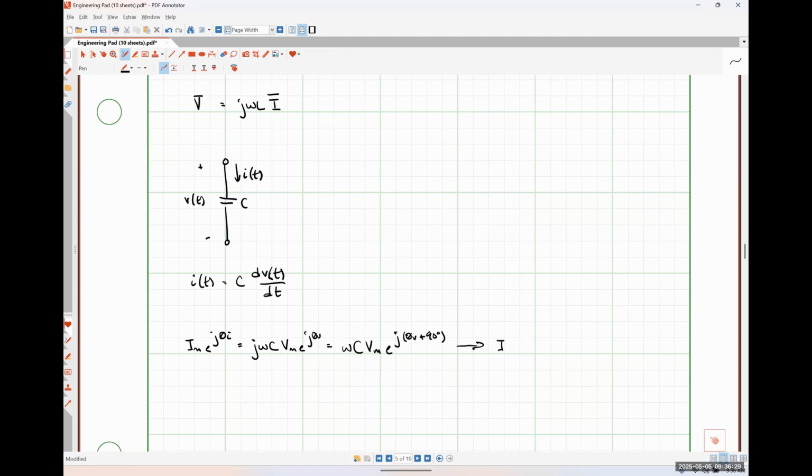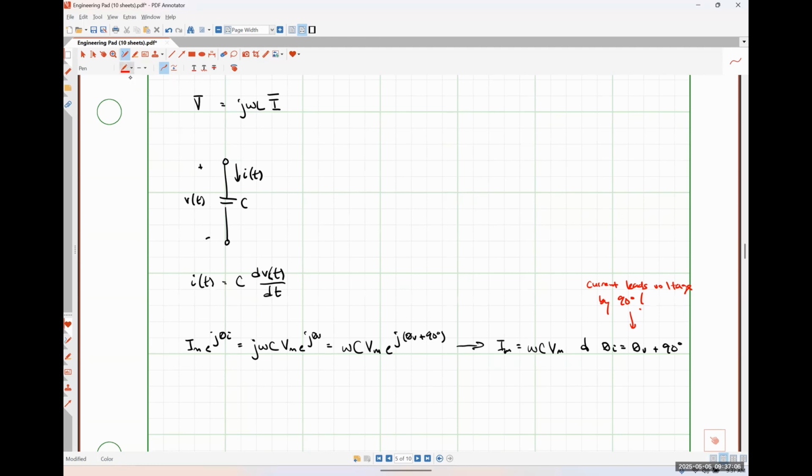which means we could say that the magnitude of our current is equal to omega C times the magnitude of our voltage, and we can say that theta I is equal to theta v plus 90 degrees, meaning that our current leads our voltage by 90 degrees whenever we have a capacitor. So the current phase angle is always 90 degrees more positive than the voltage's phase angle.